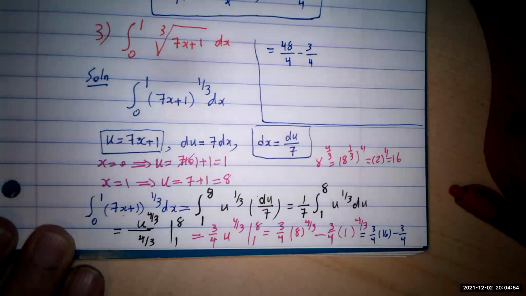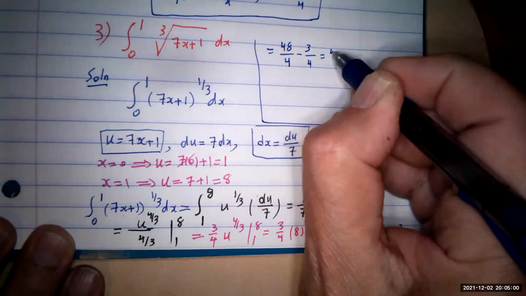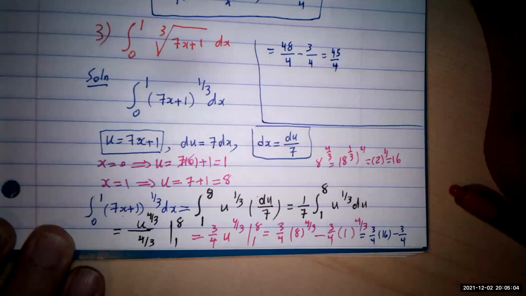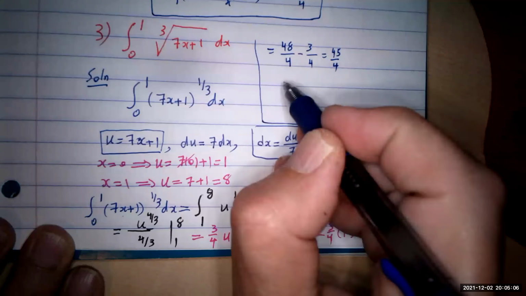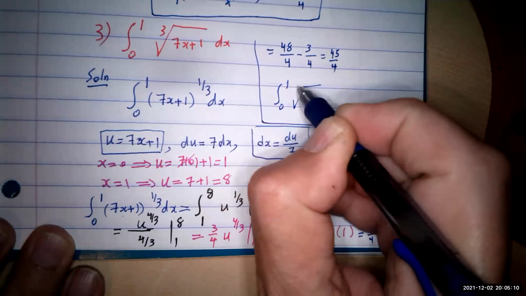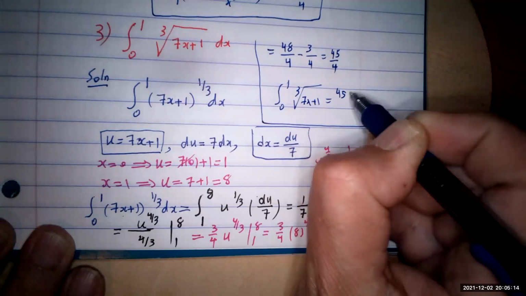Now you just subtract, so that gives 45 over 4. So the integral from 0 to 1 of the cube root of 7x plus 1 is 45/4.